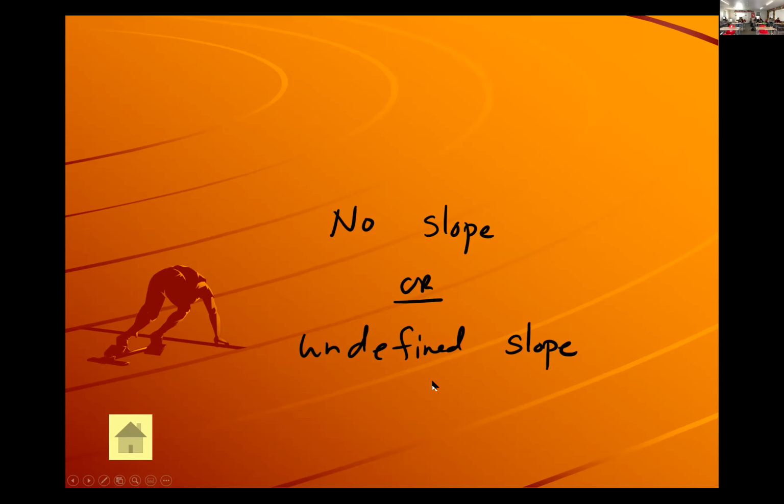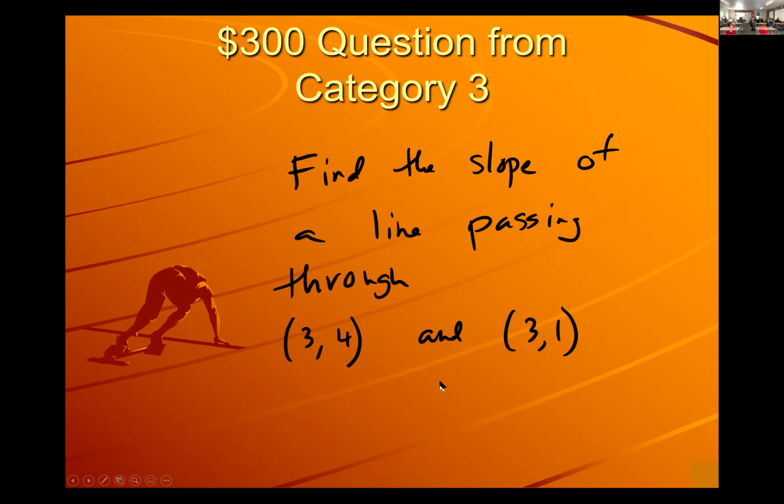So it would have been 1 minus 4 on top, or negative 3 on top. But then it would have been 3 minus 3 on the bottom, which is 0. So it would have been negative 3 over 0, which should have been undefined at that point.